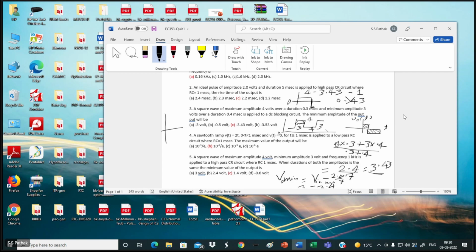Positive only. 0 to 3 volt. There is no negative sign. Just check once again. Minimum amplitude 3 volts. Maximum amplitude is 4 volt. Okay. So it is DC is 3.43. It's okay.